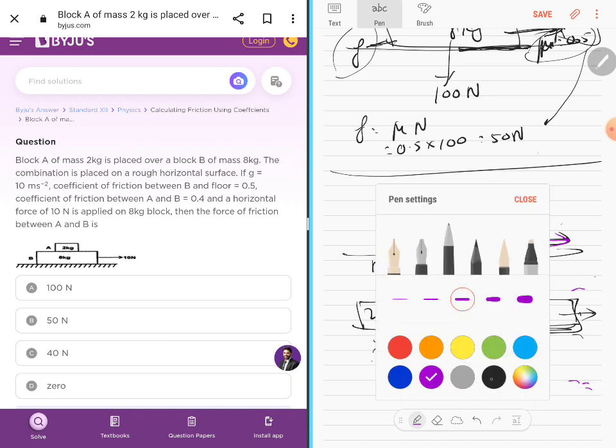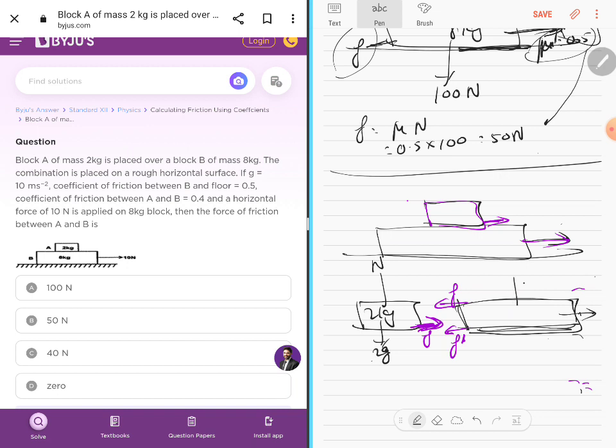And what else? There will be a normal reaction, which I'm going to call N dash. That N dash is acting vertically above it. Then there is this 8 kg block, which will contribute 8g, or 80 Newton.